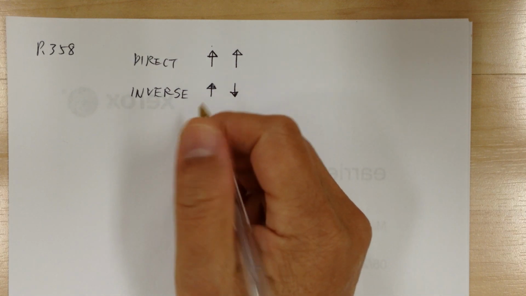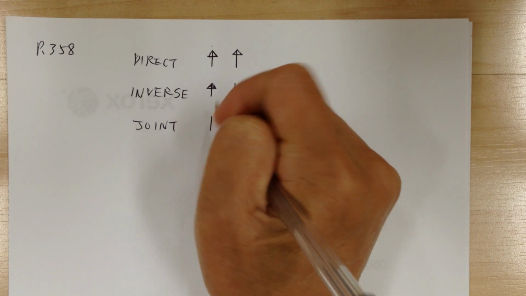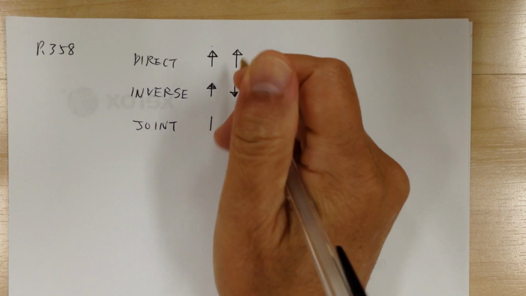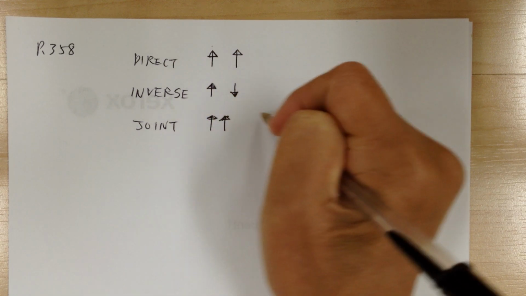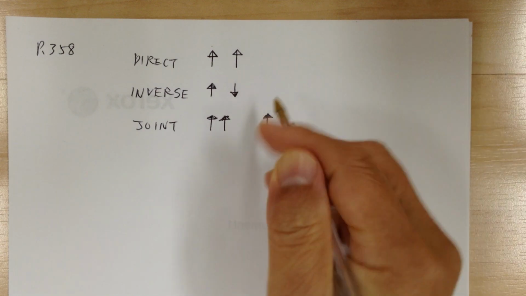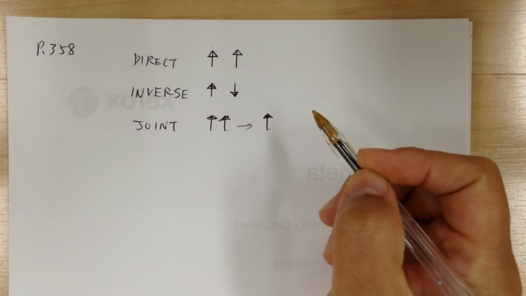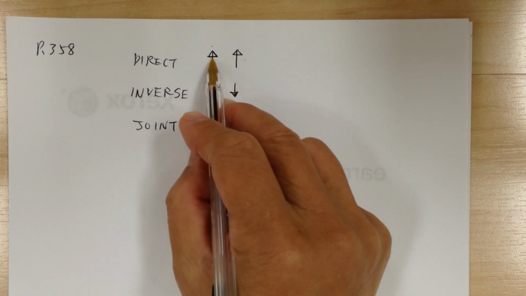Now joint variation means you're going to have a whole bunch of things going up, and it will cause this to go up. So it means you have multiple of them causing something. You're going to have multiple inputs, whereas direct and inverse just have one to one.